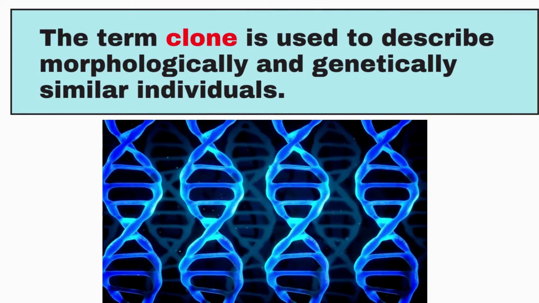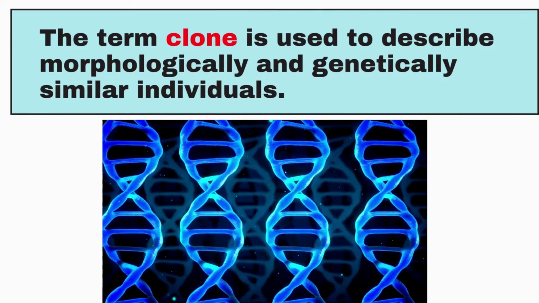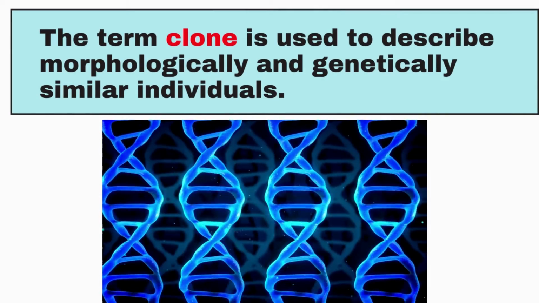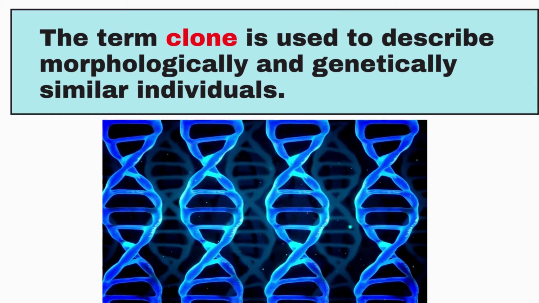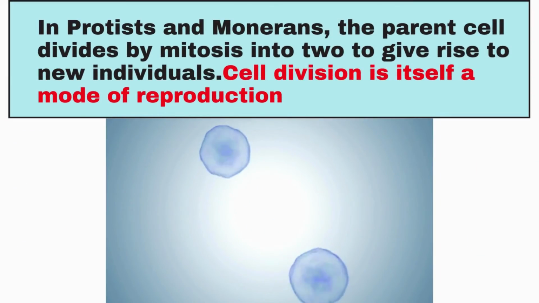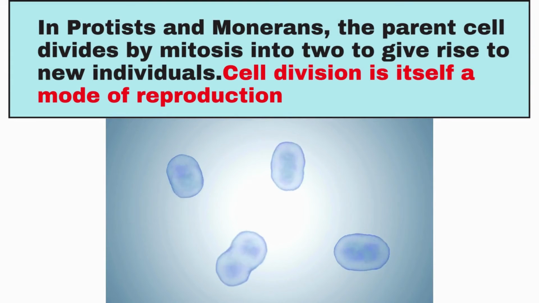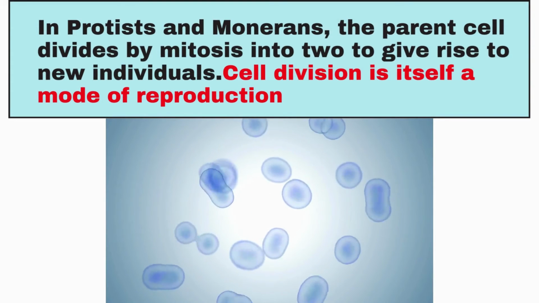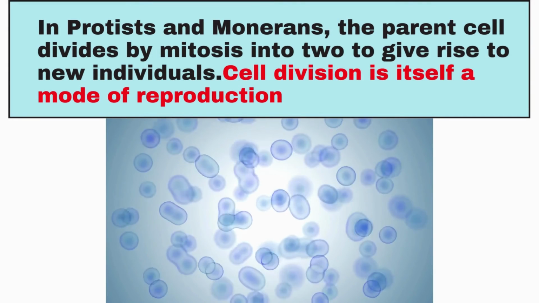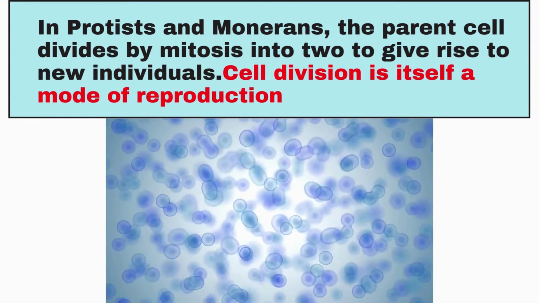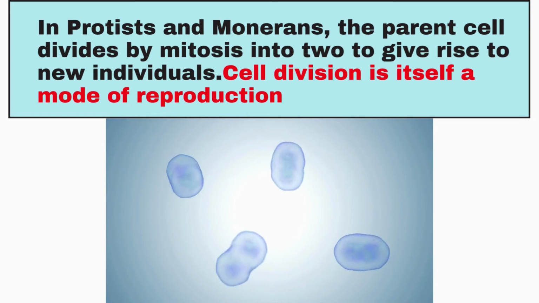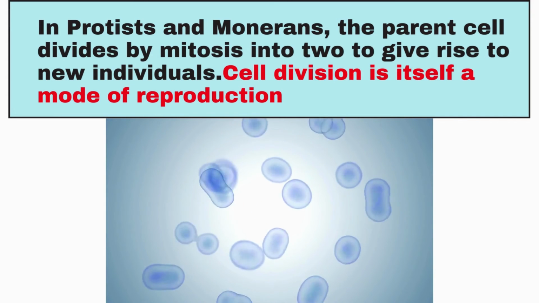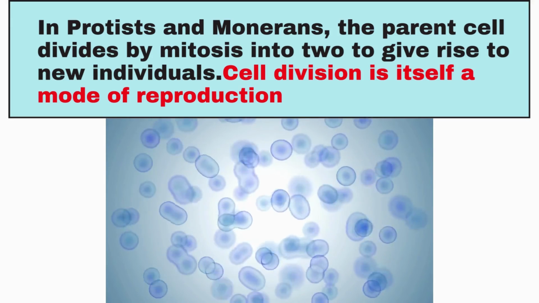The term clone is used to describe morphologically and genetically similar organisms. In Protists and Monerans, the parent cell divides by mitosis into two to give rise to new individuals. Therefore, cell division is itself a mode of reproduction in such organisms.